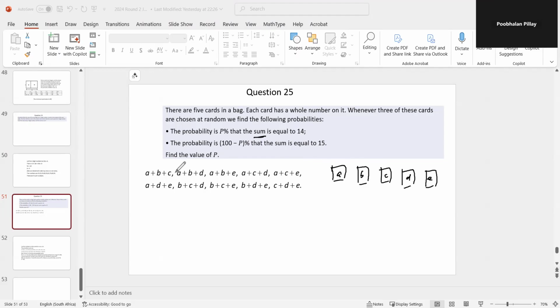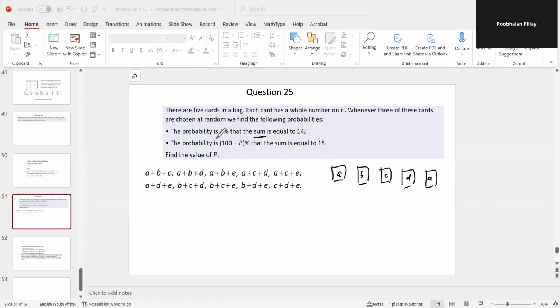I put A, B, and then I put C, and then A, B, and D, then A, B, and E. So I take the first 2 and fix them at A and B. Then I take A and C. So A, C, now we finished with all the A and B together. So A and C, and then it'll be D, A, C, and E. Right? And then after that, I take A and D, and so on. And you will see that there are 10 possible sums.